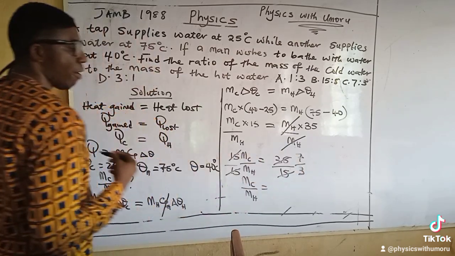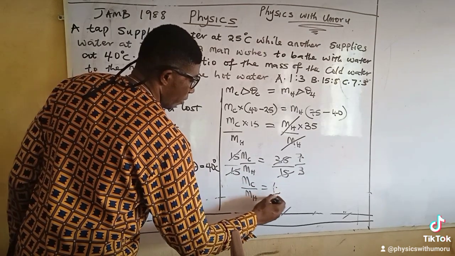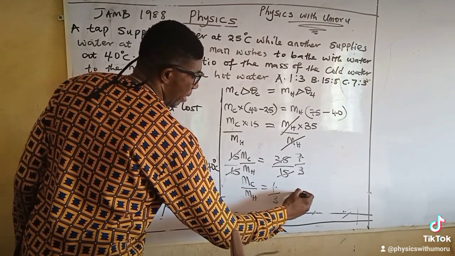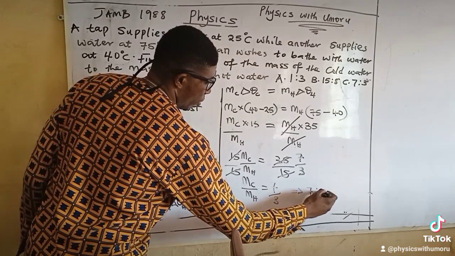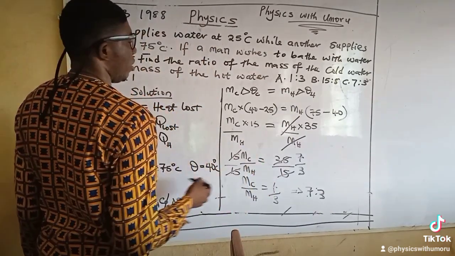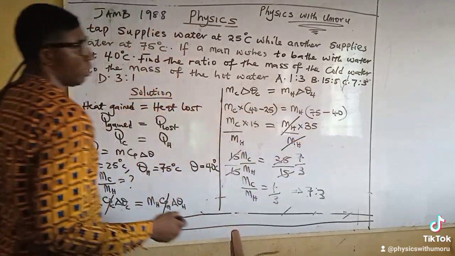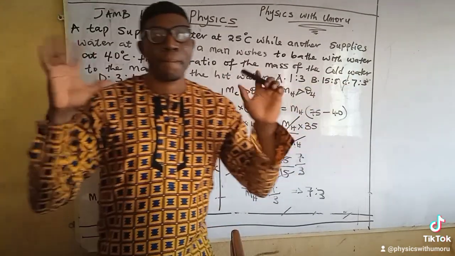So we now have 7 over 3, which is the same as 7:3. So this makes C the answer. Bye-bye.